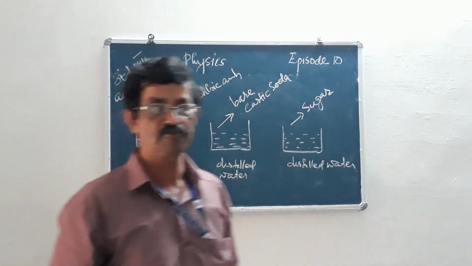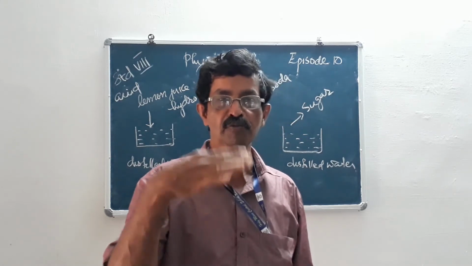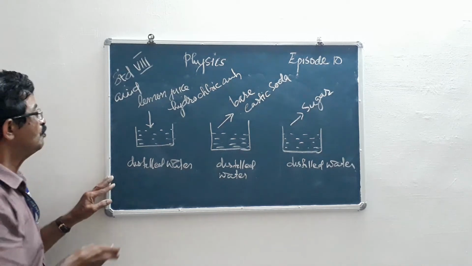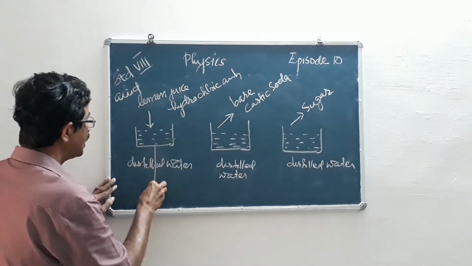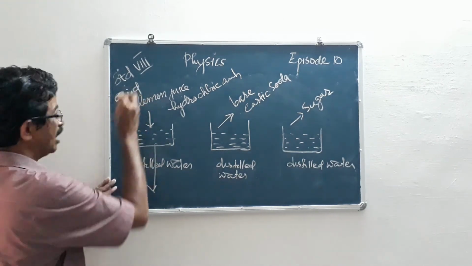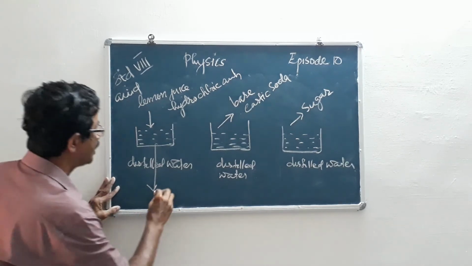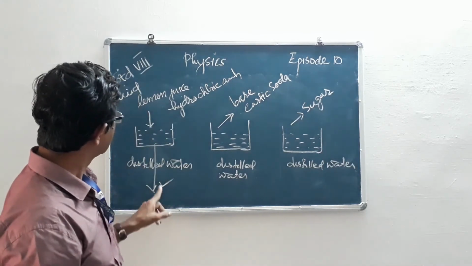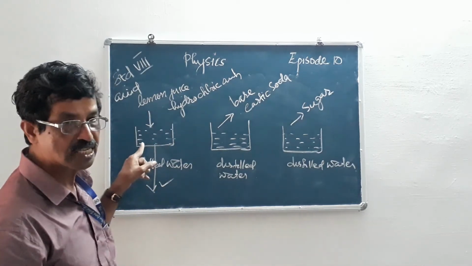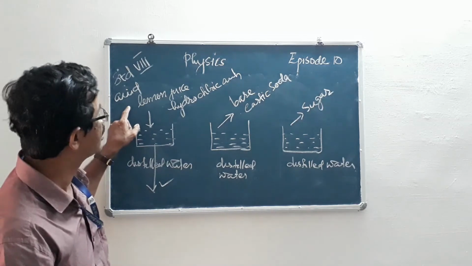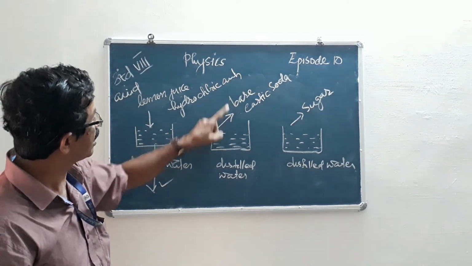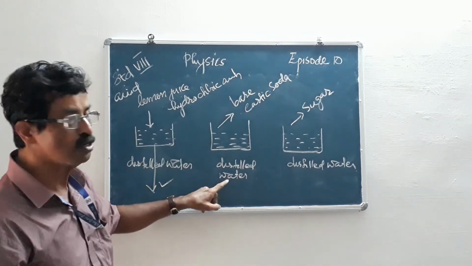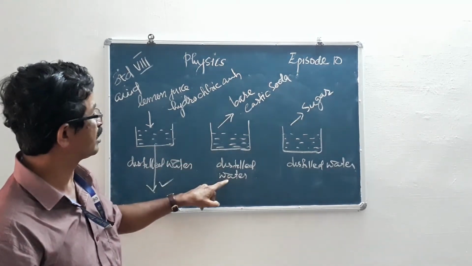Then, as before, we observe the conductivity using our tester. Now we can see that distilled water with lemon juice or hydrochloric acid conducts, by deflecting the compass needle. That means this becomes a conductor. And the distilled water with a base or caustic soda added also conducts electricity.